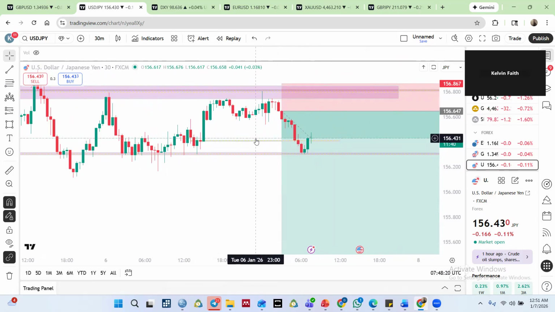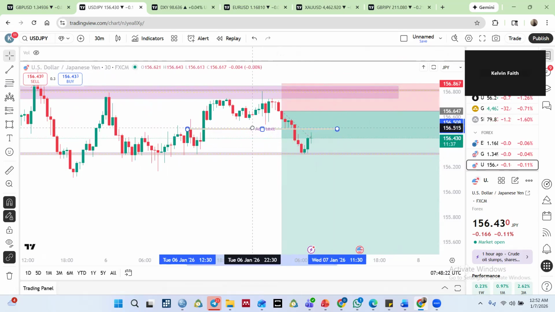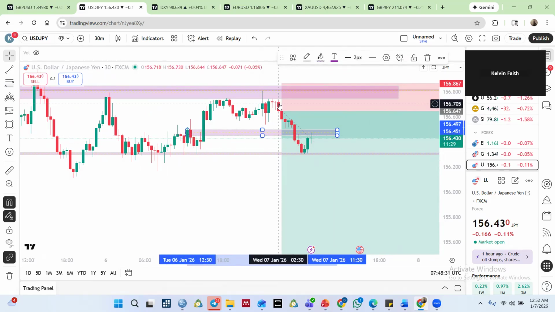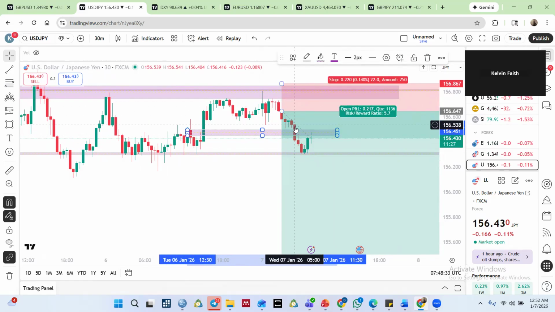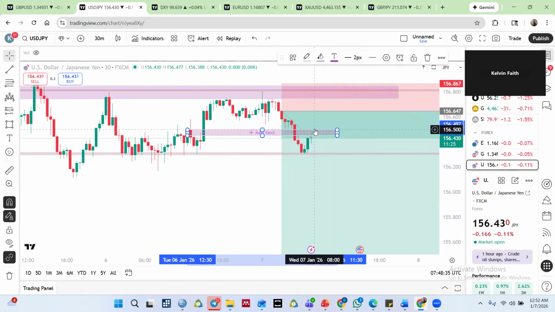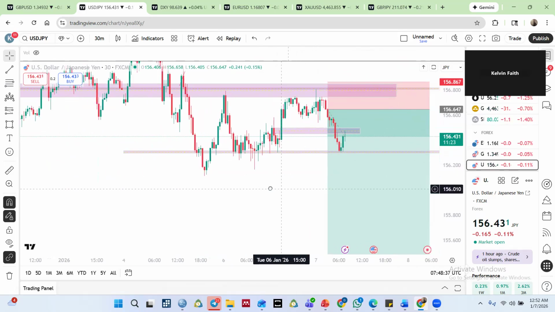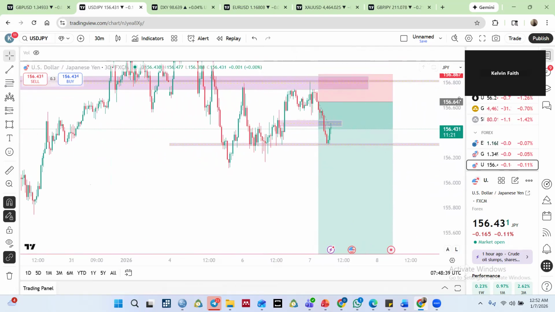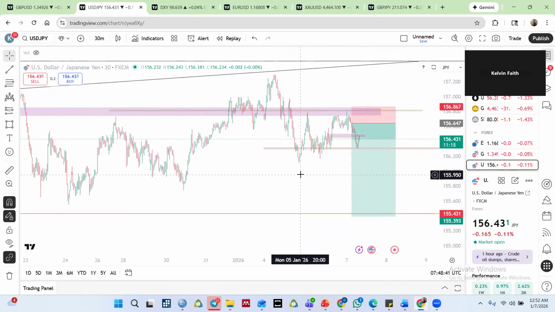This looks like an order block that was defiled. Price came back. We see a break again. Maybe price might want to use this area to drop. So let's see what is going to happen on the 30 minutes.